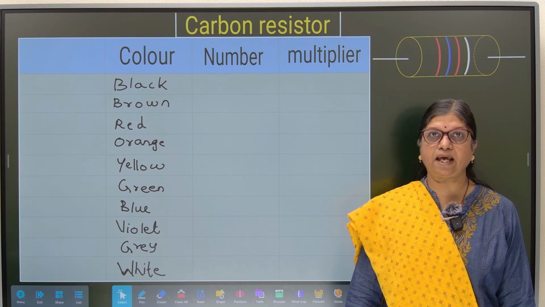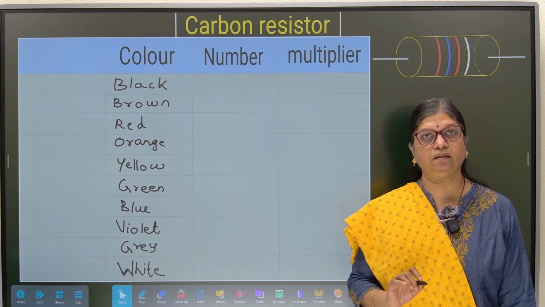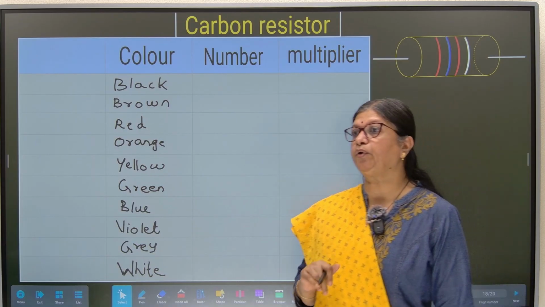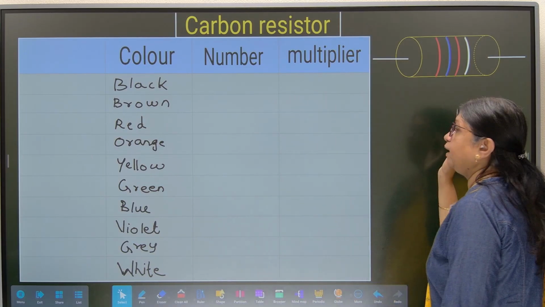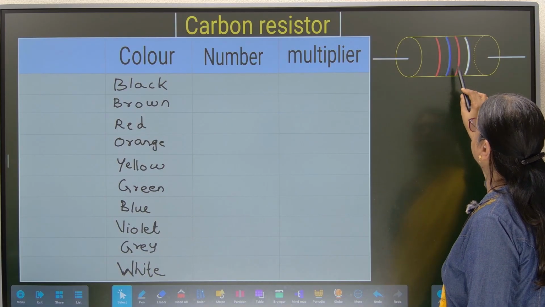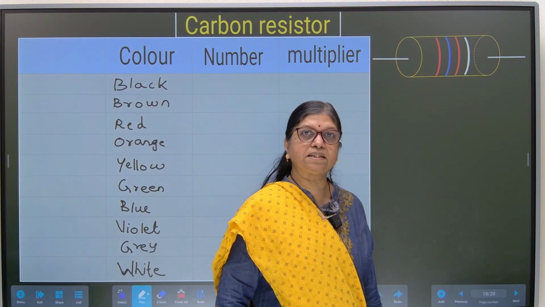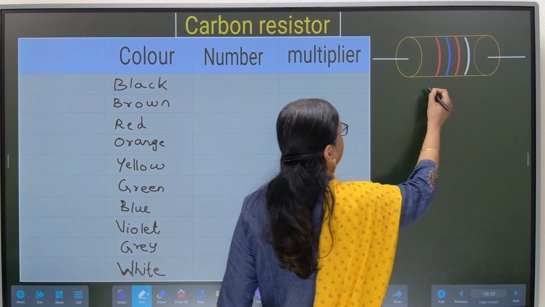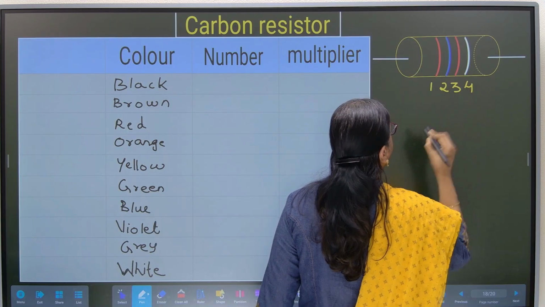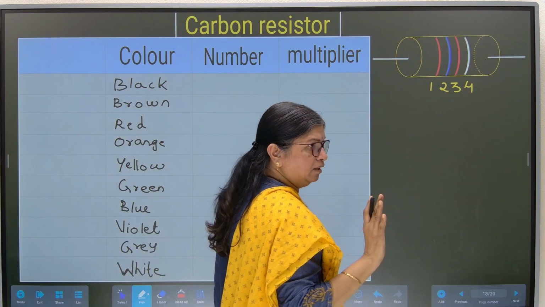Now let us understand how to find the resistance of the resistor with the available bands on a carbon resistor. Now here I have drawn a diagram of a carbon resistor with three bands of different colors in it. They can be of the same colors also. Okay, what do these bands indicate? Bands number 1, 2, 3, 4 indicate the value of the resistance on this carbon resistor.